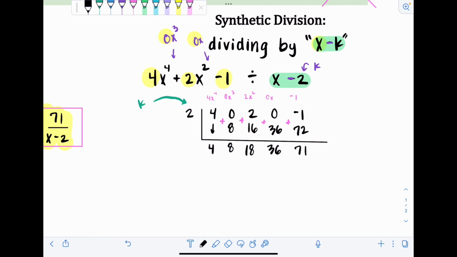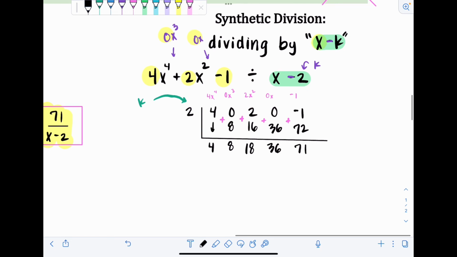And then we're almost to the final answer. This part's also super important and can be easily forgotten. So all these numbers right here are the coefficients of our final answer. Most of the time, whenever we do stuff, we start on the left side. You got to start on the right side here, or else it's going to be so easy to make a mistake.